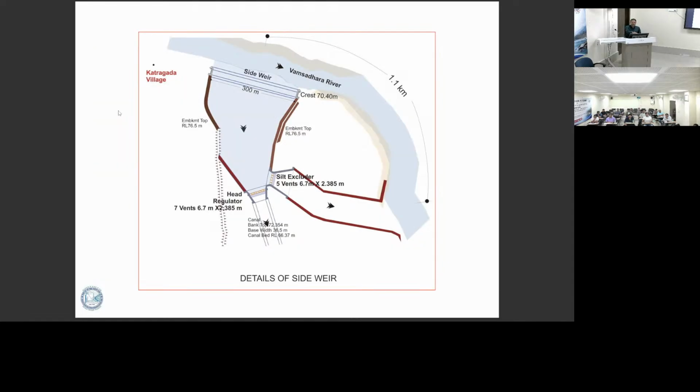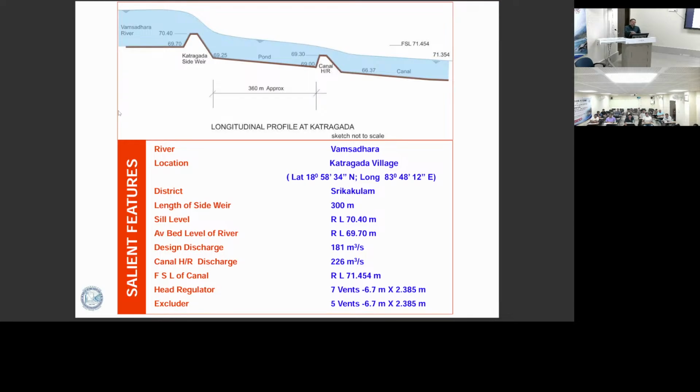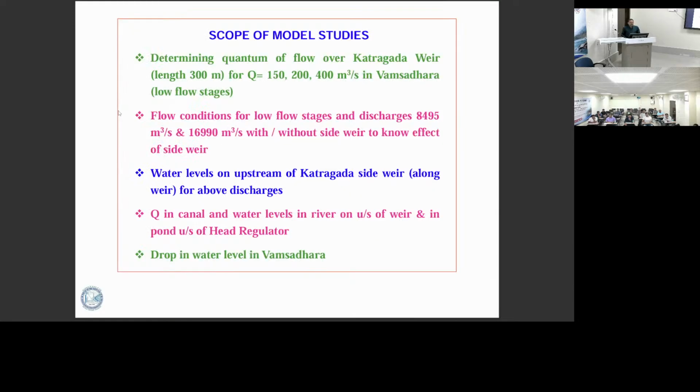Likewise, 300 meters was there. Then this is the profile canal. After the side weir it goes to the canal. So the scope of the model was to give the discharge for different river discharges like 150, 200, 400. What will be the discharge passing through the side weir?